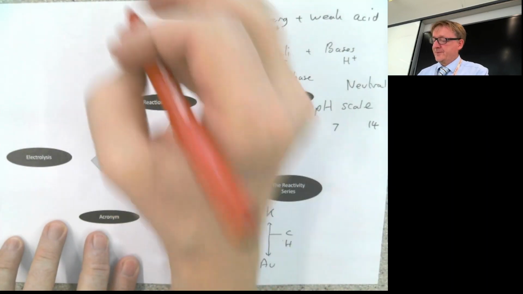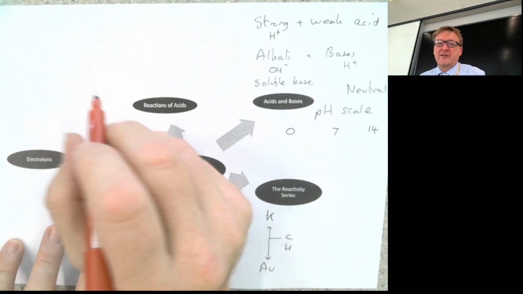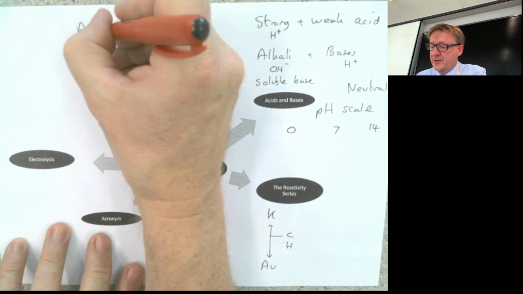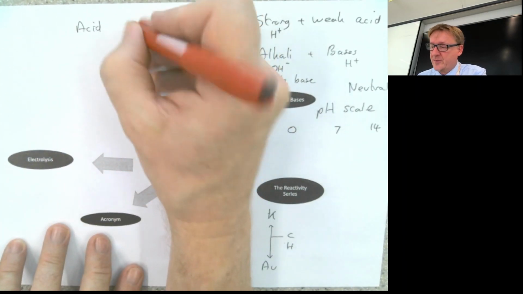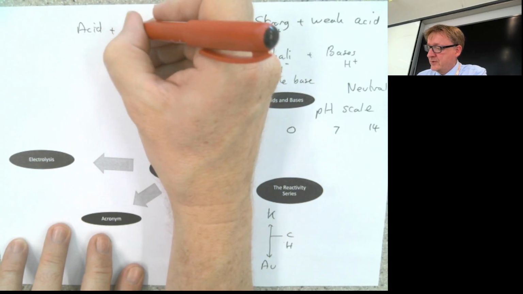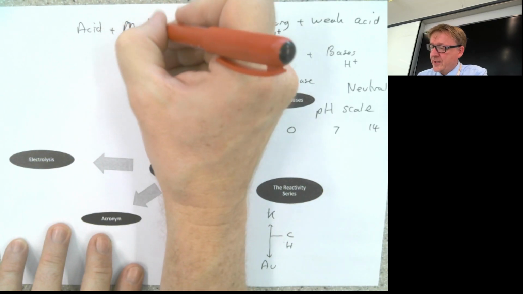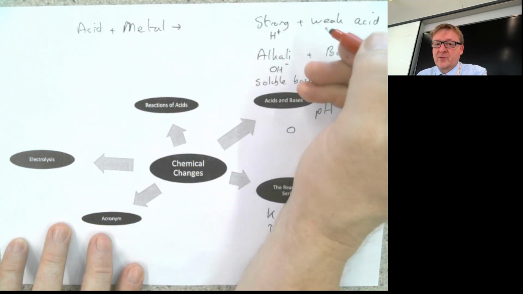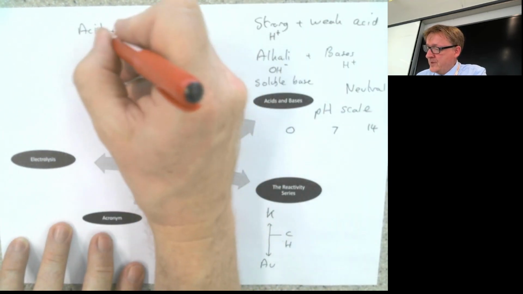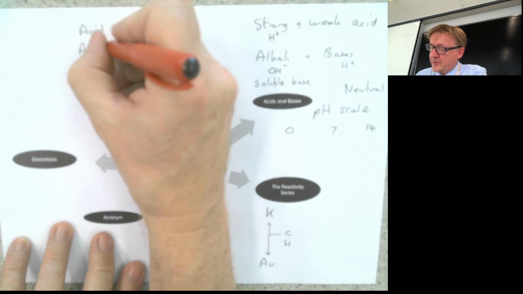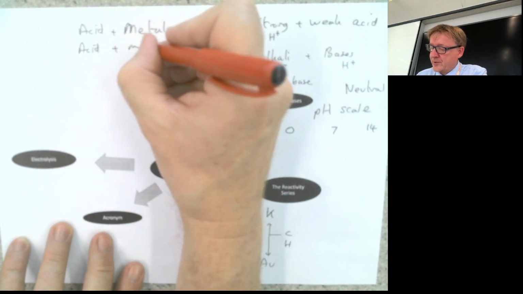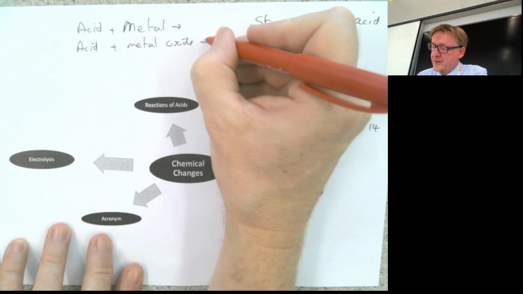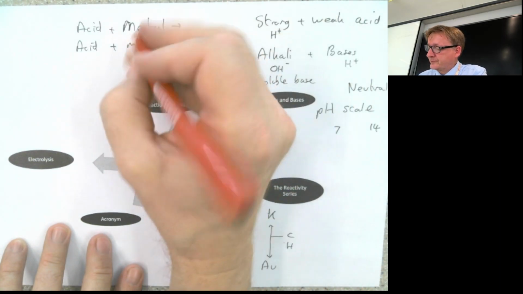Reactions of acids. Now, this is quite heavy chemistry. You've got 4 reactions that you need to know about. You need to know what happens when you react an acid and a metal, and what actually gets made in it. You need to know what happens when you have an acid plus a metal oxide, and what is made.